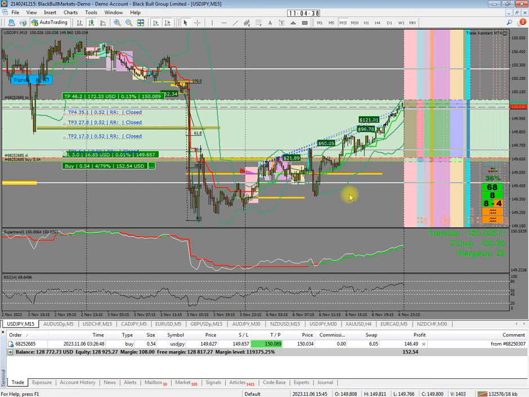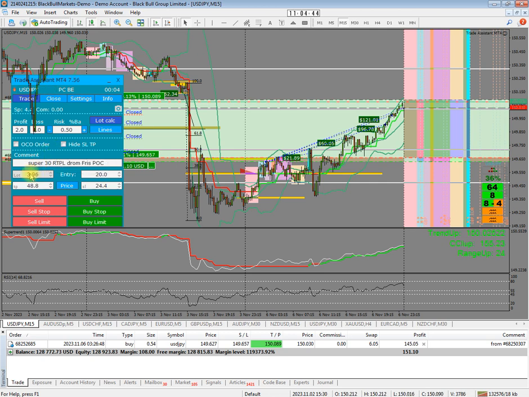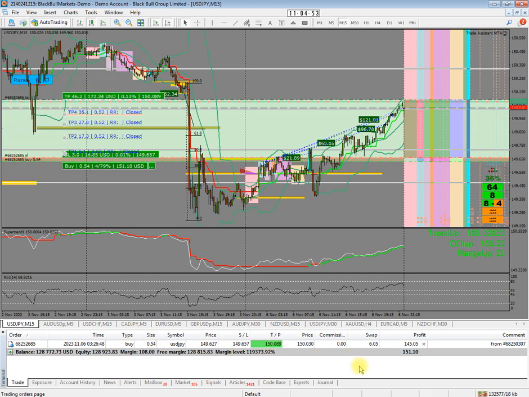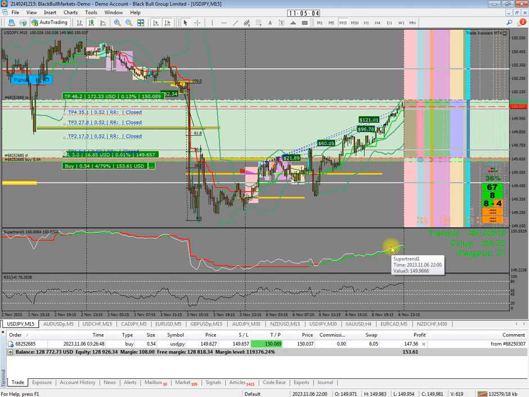So we'll just wait for this to finish, and we started off with 3.96 lots, I believe. And using the Supertrend also seems to help, just psychologically, it gives me some assurance.